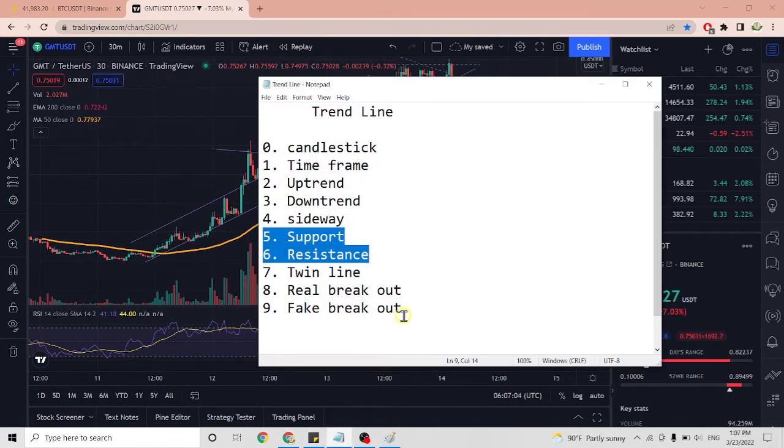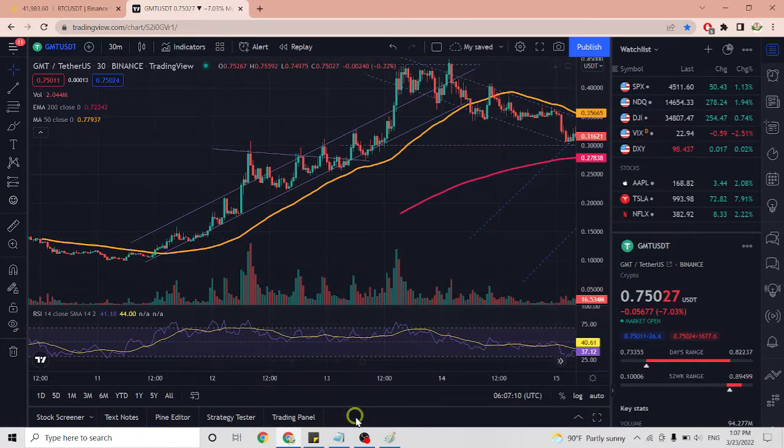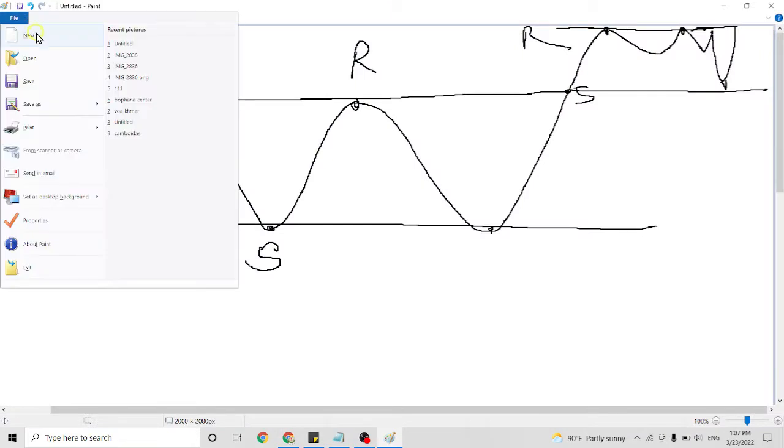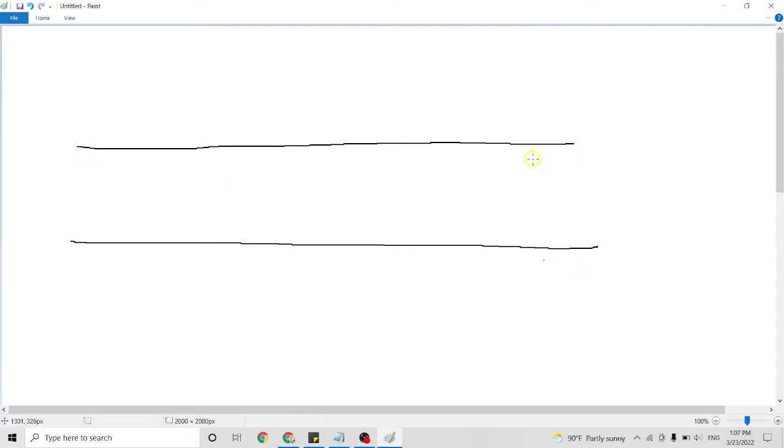Another one is twin line. What is twin line? Twin line meaning it is the same, like this. Symmetry, it's the same. See?